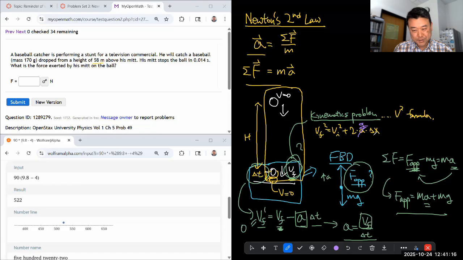So let me say g. I'm given delta x, that's just the height, h. So I can say, all right, my V final is going to be, so V initial was 0, from rest, so it's going to be equal to the square root of 2gh.